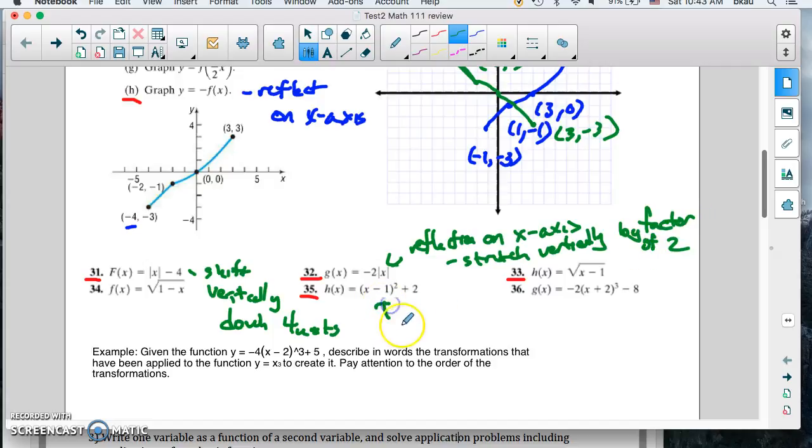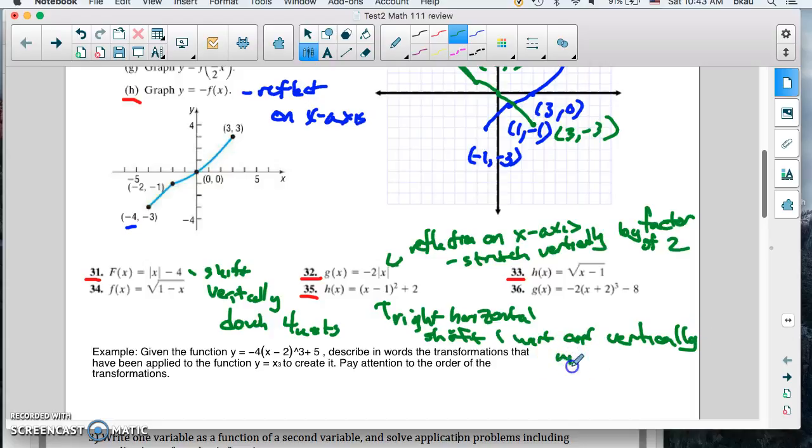This one would be a shift horizontally right 1 unit, and vertically up 2 units. And then this one right here for 33, this would be a horizontal shift of 1 unit right.